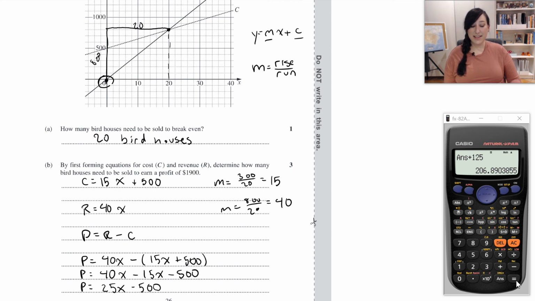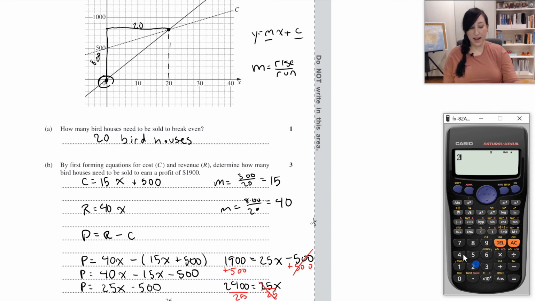So now we just need to set this equal to 1,900 and solve for x. So I'll first add 500. So next we get 2,400 equals 25x. And lastly, we just need to divide by 25.